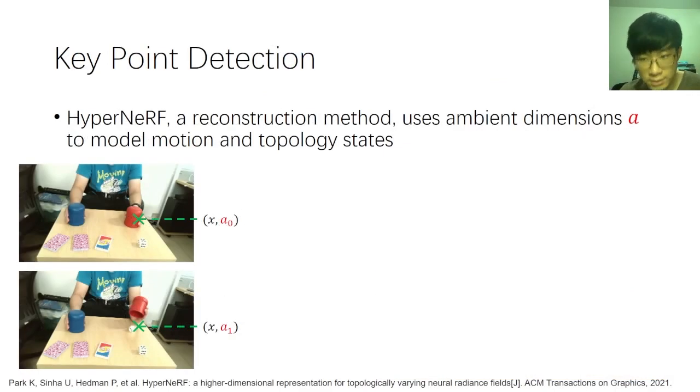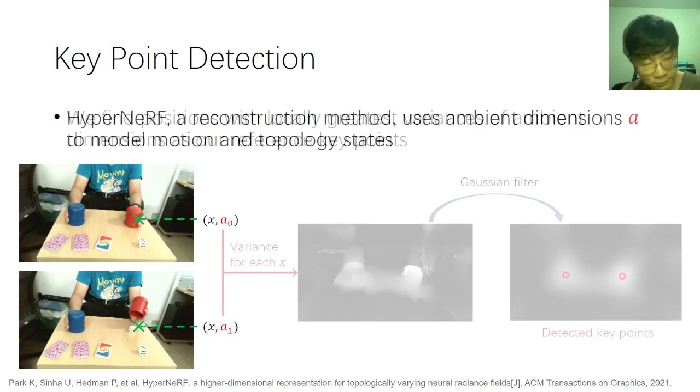For key point detection, we use a reconstruction method, HyperNeRF. This method uses intermediate variables called ambient dimensions, denoted as A, to model motion and topology status. When a fixed position X has different motion status, the corresponding A will have different values.